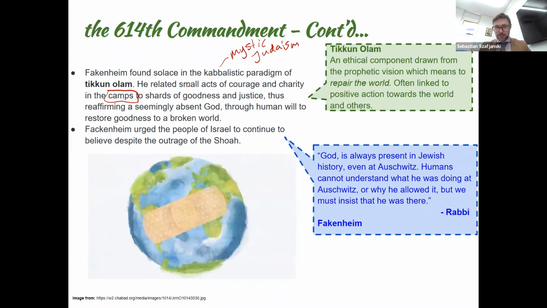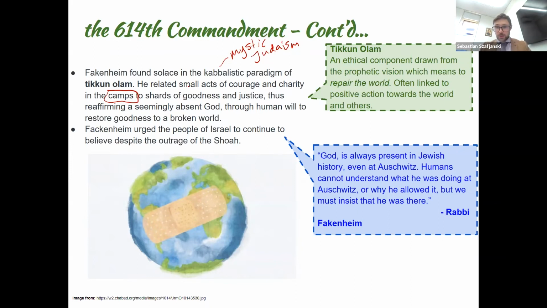He said here in this blue box, God is always present in Jewish history, even at Auschwitz. Humans cannot understand what he was doing at Auschwitz. So it's beyond our understanding. Often when we look at the supernatural, we see that humanity can't understand the supernatural. And this was Fackenheim's assertion.